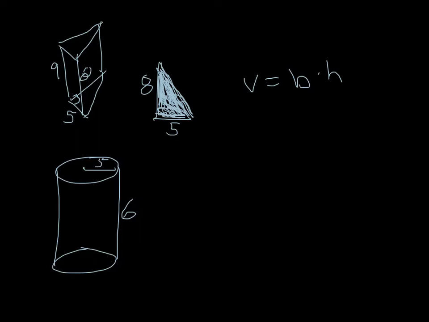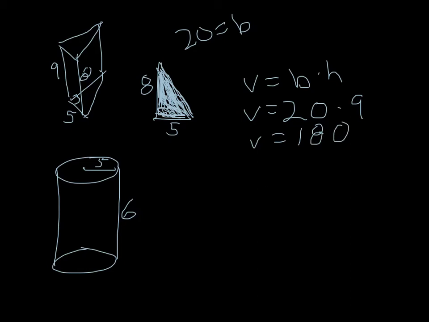So that 20 that we just calculated ends up being the surface area for our base, the B. And then we can see that the height here is 9. So in order to find the volume, volume equals 20 times the height of our prism, which was 9, and that gives us volume equals 180. Okay, and the volume units are cubed. So again, the surface area of the base times the height of the solid.